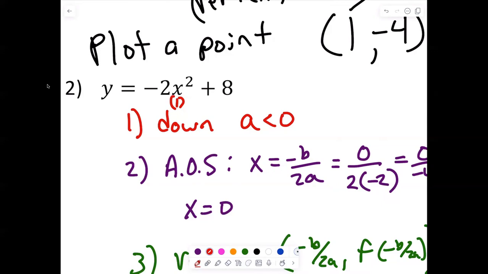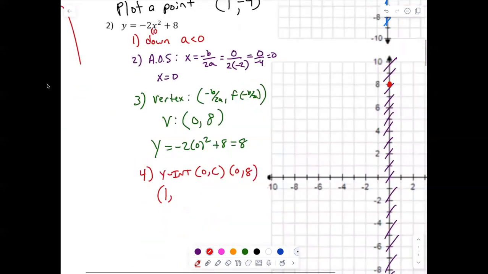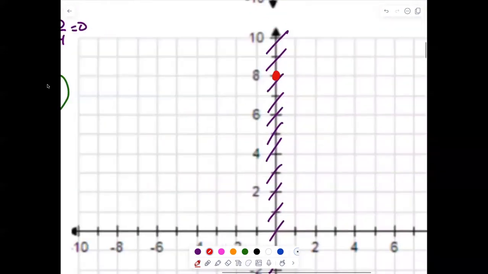There it is. 1, comma what? 6. Plug 1 in again if you didn't get that. 1 squared is 1. 1 times -2 is -2. -2 plus 8 is 6. So plot the point 1, 6.